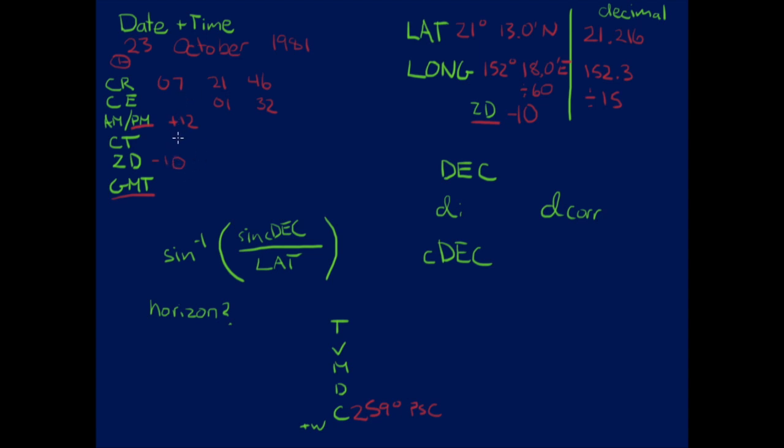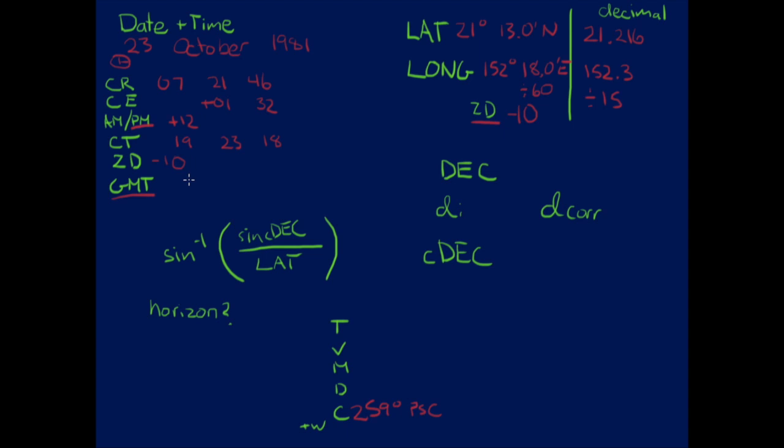Okay, right? So chronometer time here is 19:23:18, because we had to add this because our chronometer is slow. Apply the zone description to the local time. That'll give us Greenwich Mean Time.